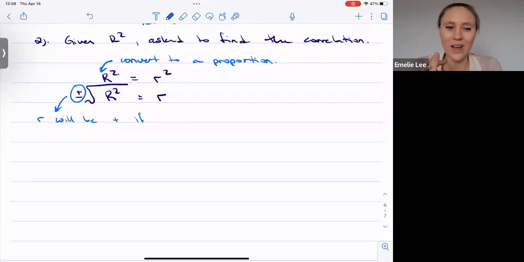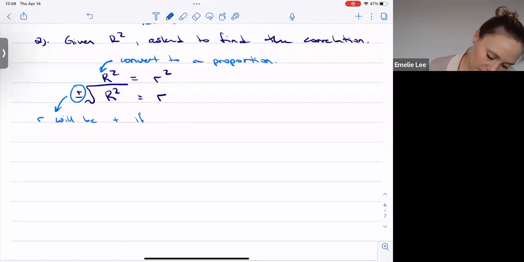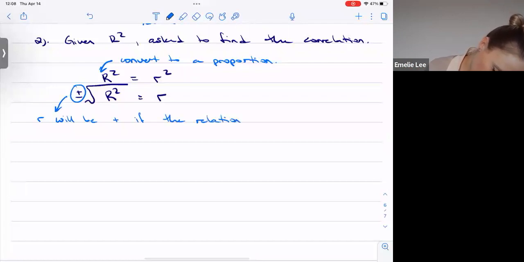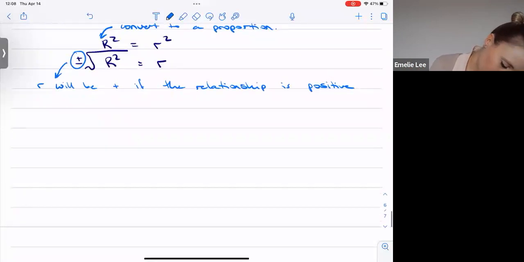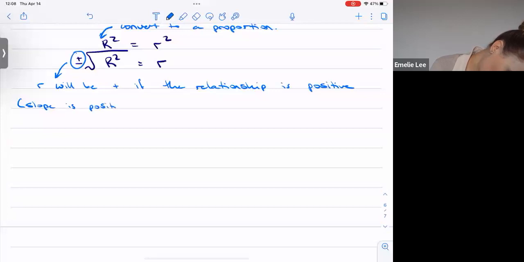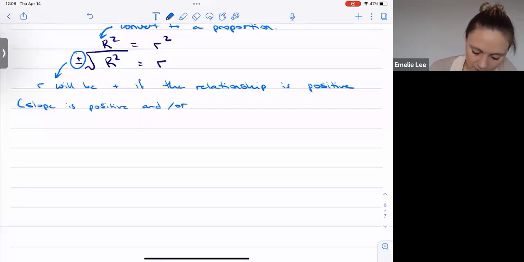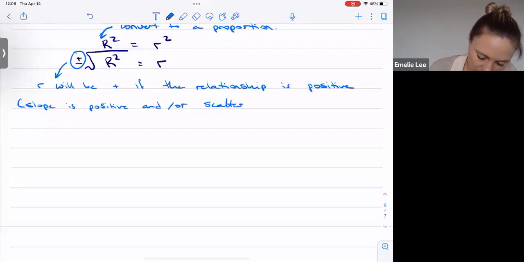Or if you have the graph, you can look and say, if I have a positive relationship here, then I need a positive correlation. So R will be positive if the slope is positive and or the scatter plot is positive.